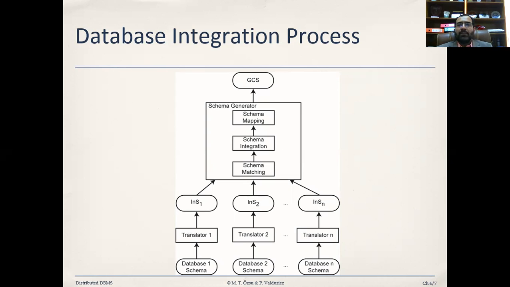B15001 has to be matched in all these three databases, because that entity is there in the university. So it doesn't matter whether it is being managed in the semester cell or in the enrollment section or in the fee section. That is to be matched.